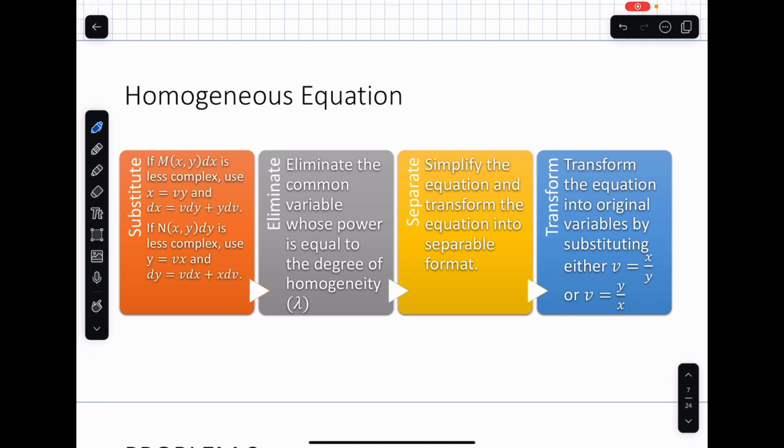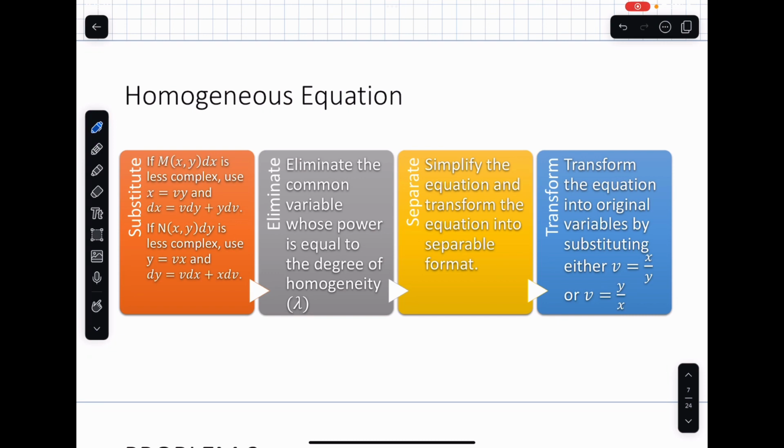After we substitute x or y, we eliminate a term corresponding to the degree of homogeneity, so as to simplify the given equation further. After eliminating the term following the degree of homogeneity, we separate.